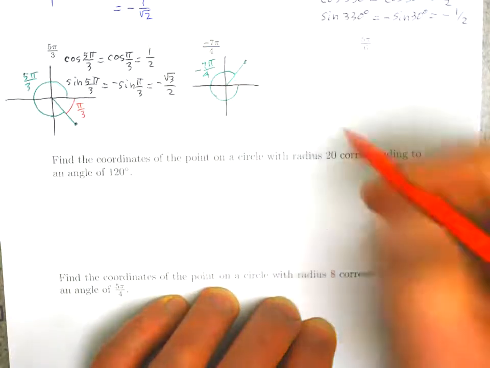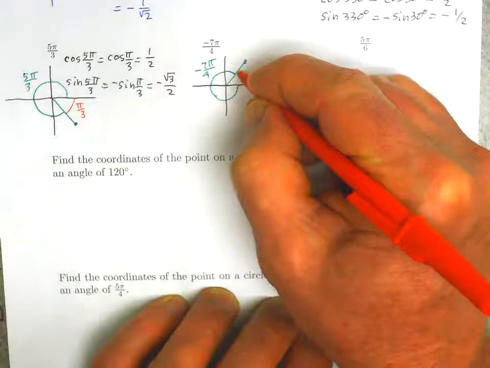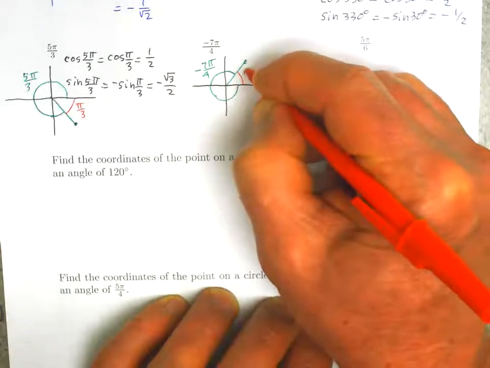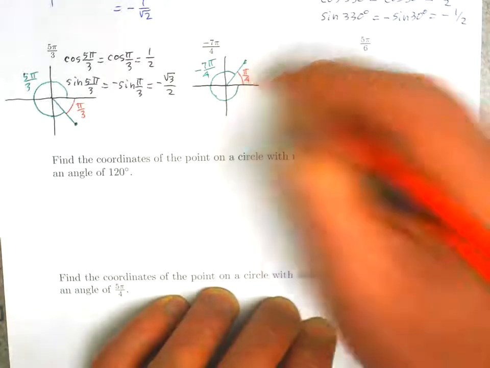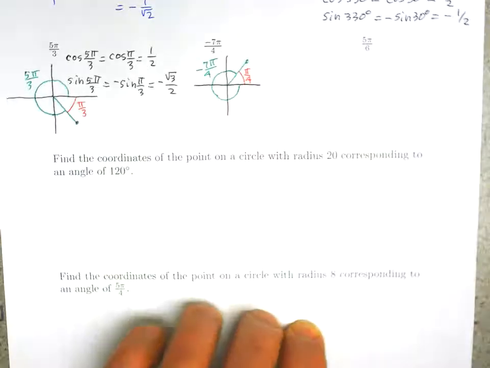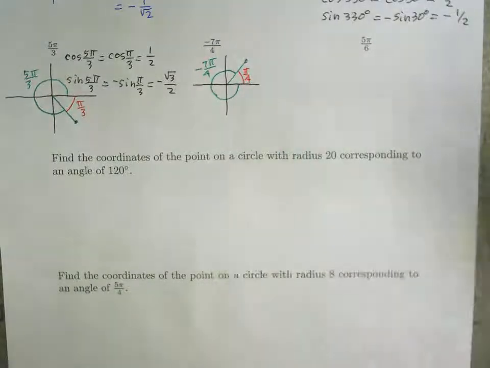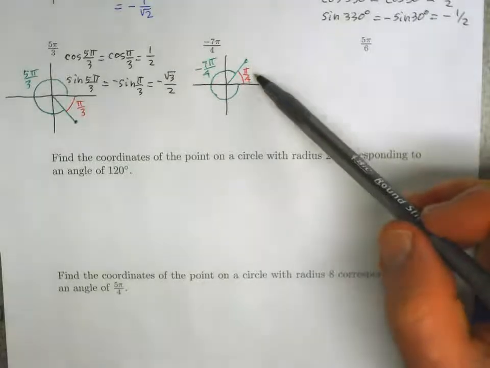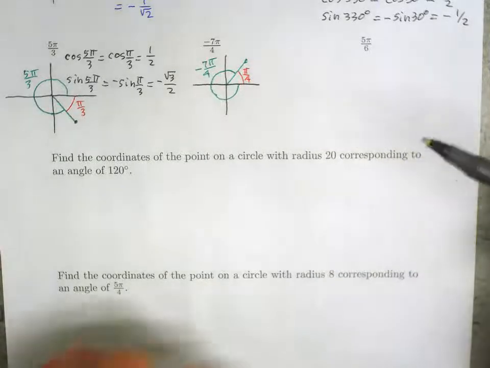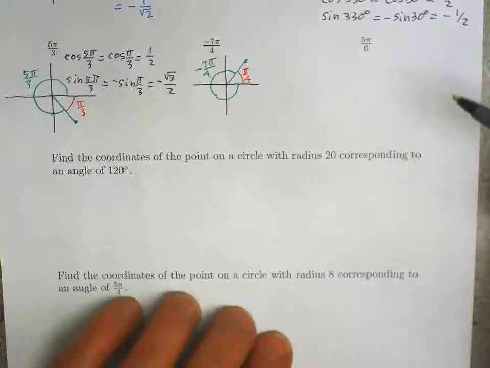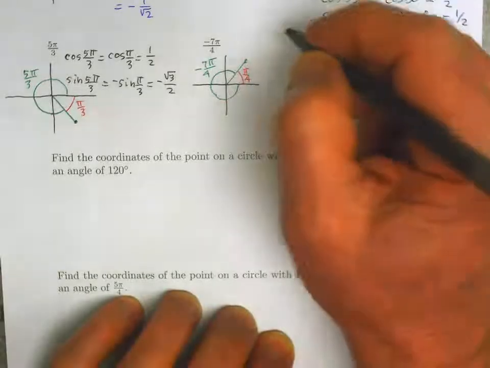And the reference angle is pi over 4. The terminal side is in the first quadrant. So both cosine and sine are positive. So we'll go ahead and write it down.